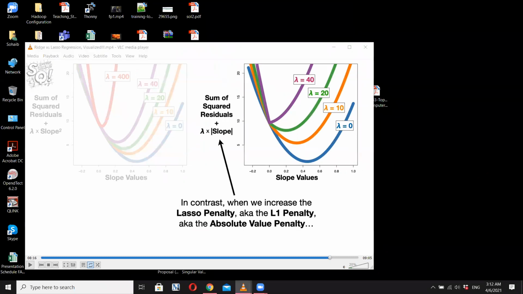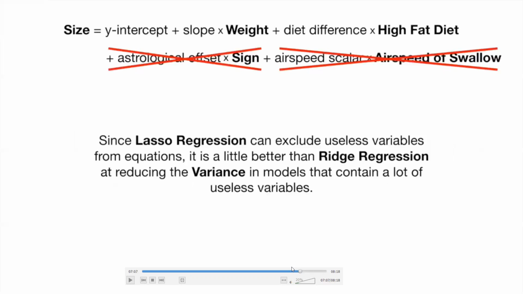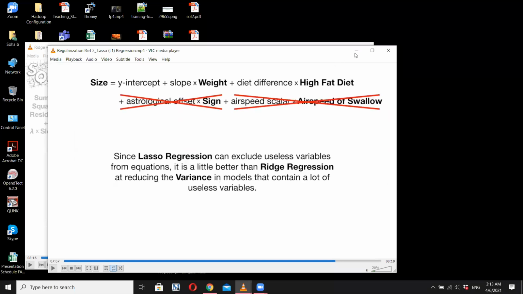If we have an equation related to 4 parameters, where only 2 parameters are useful and the other 2 are useless, then I want these 2 parameters, astrological offset and airspeed scalar, to go quickly towards 0, and that can only be achieved using lasso regression, not with ridge regression.